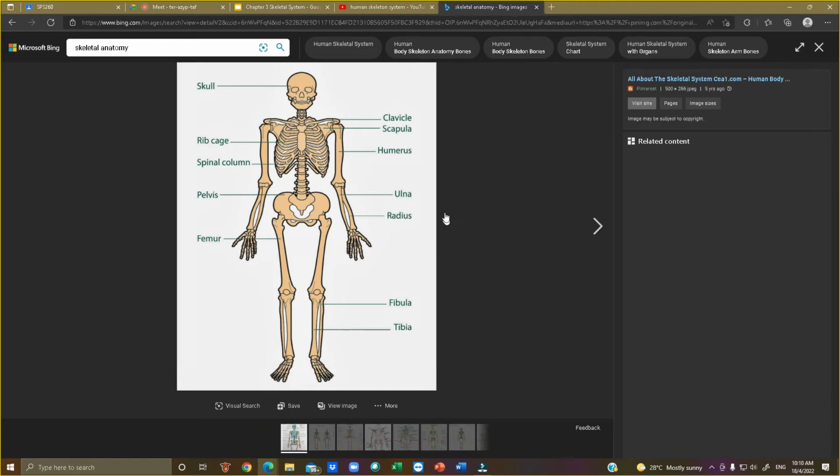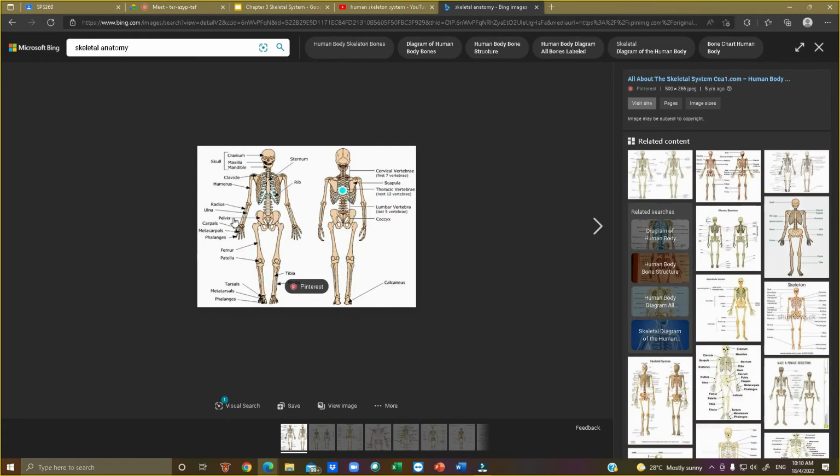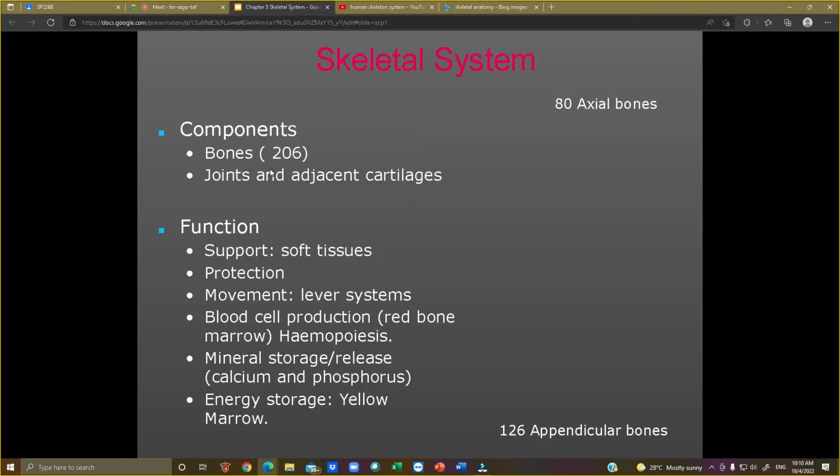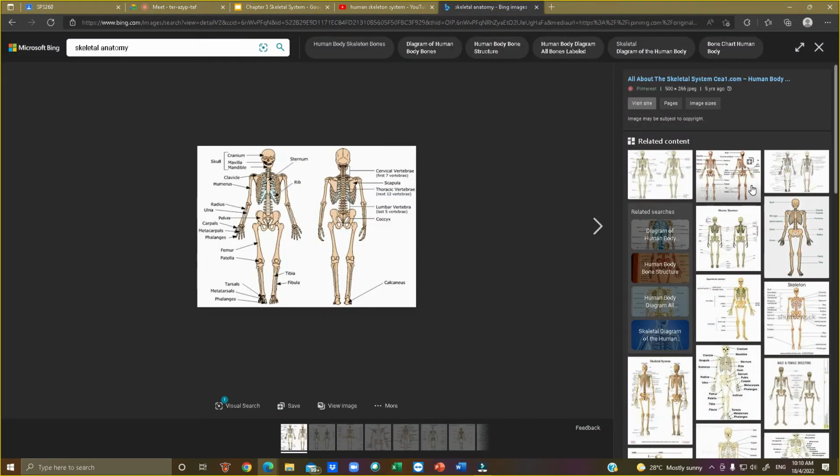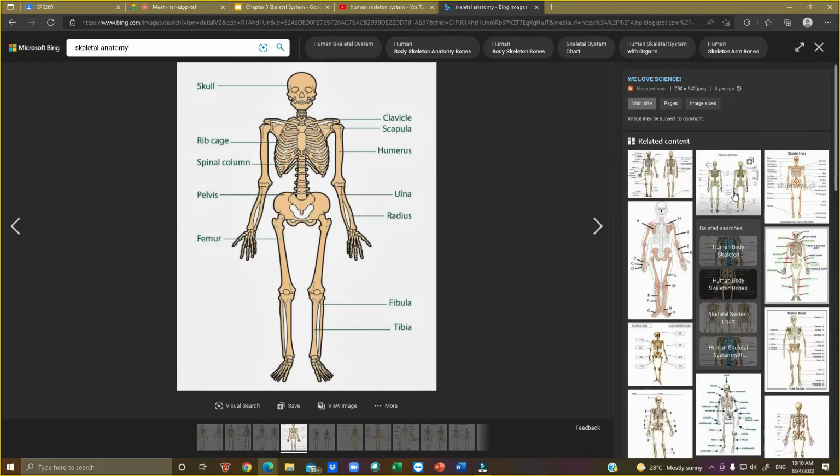Kalau kita nak cerita satu-satu, dia banyak lah. Okay, kita nak cerita satu-satu, you need to remember all those 206. But for the general term, which consists of axial and appendicular, that is just what you need to remember. Ambil yang asas je. Ni terlalu asas.